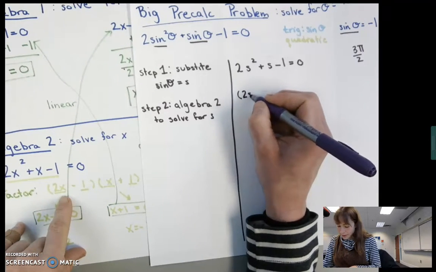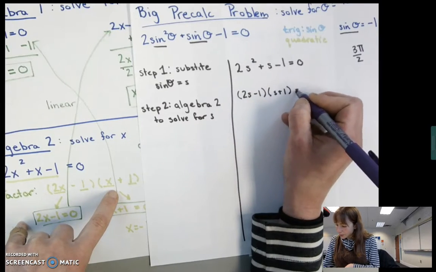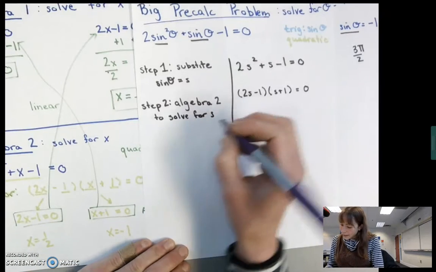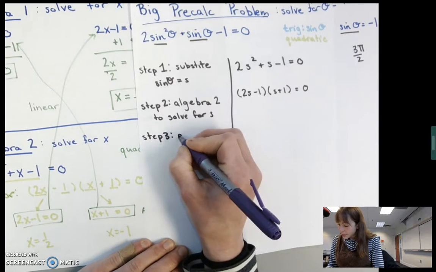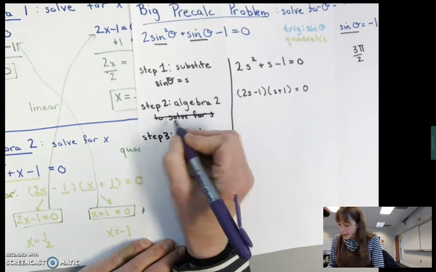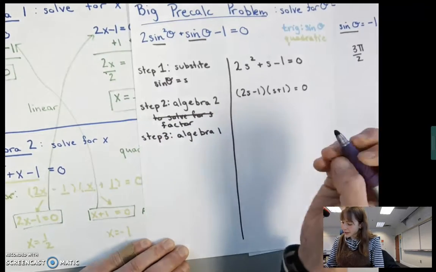It's going to factor as 2s minus 1 times s plus 1 equals 0. And then my step 3 will be to use algebra 1. So maybe here we just factored. That was our algebra 2 step, really, was the factoring.